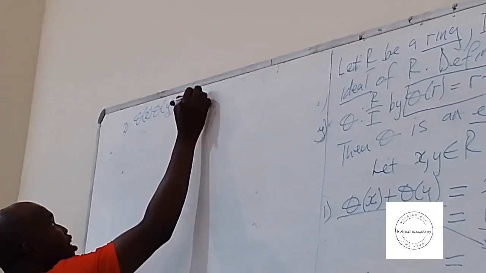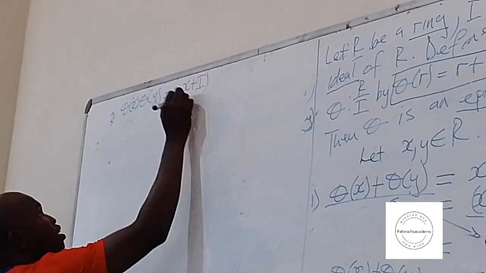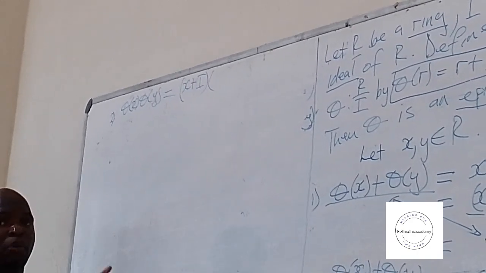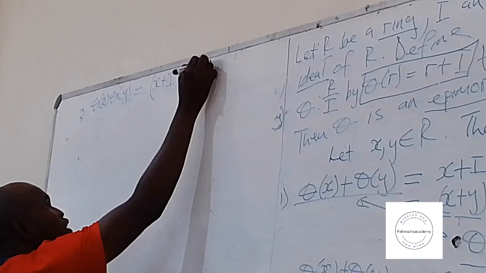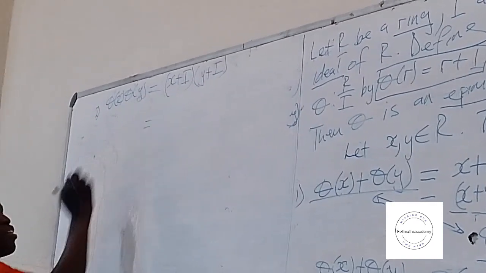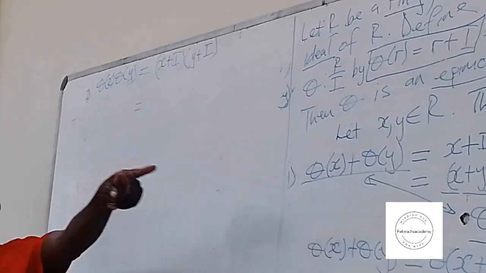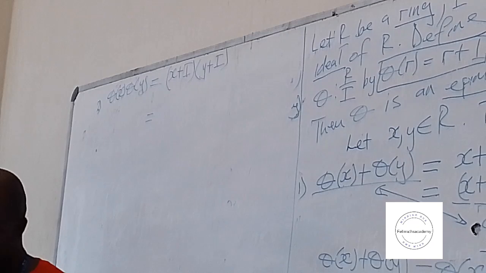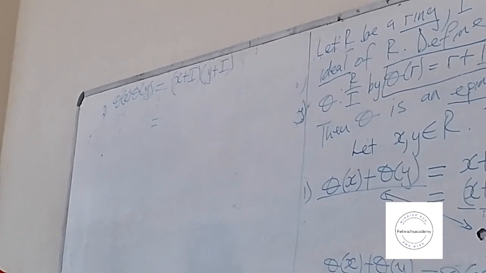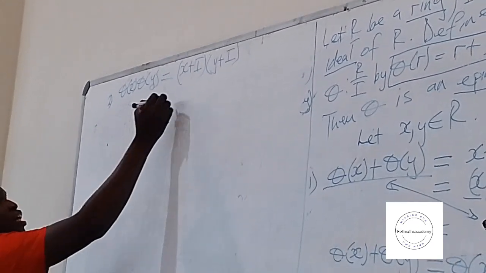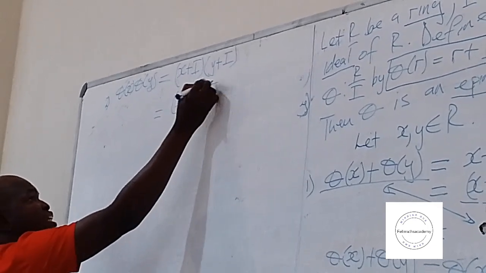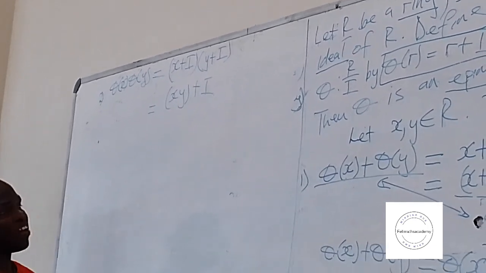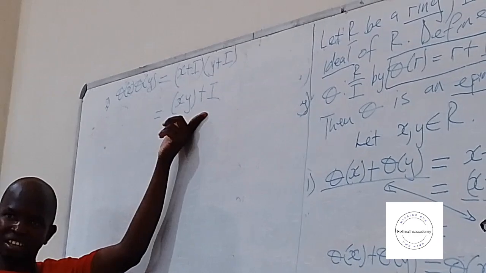Theta x is x plus I multiplied by theta y, which is y plus I. According to the multiplication in a quotient ring, xy plus I. The same pattern.